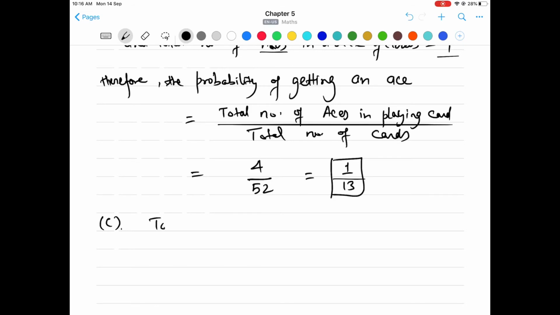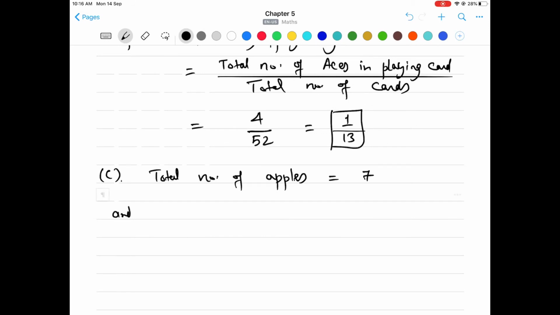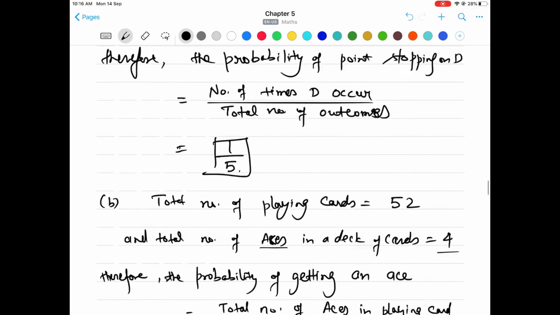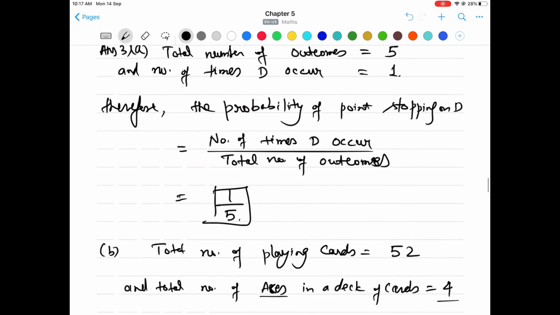Okay, so first we'll write the total number of apples, which is 7, and then we'll write the number of red apples, which is 4.